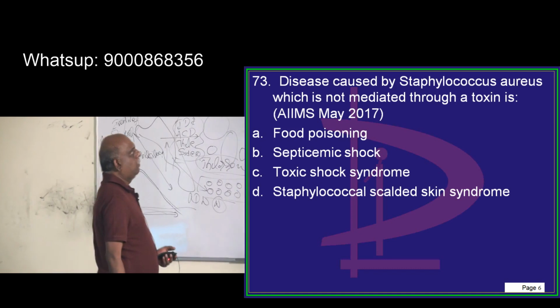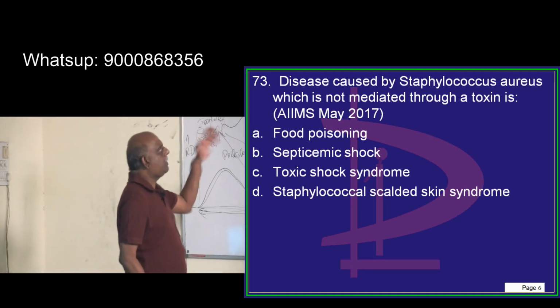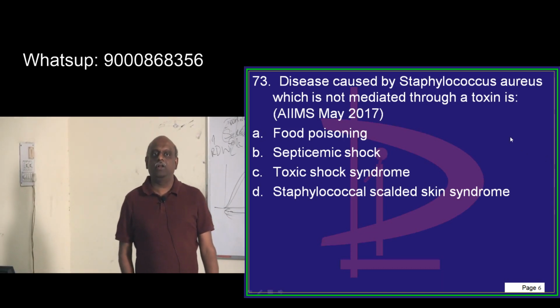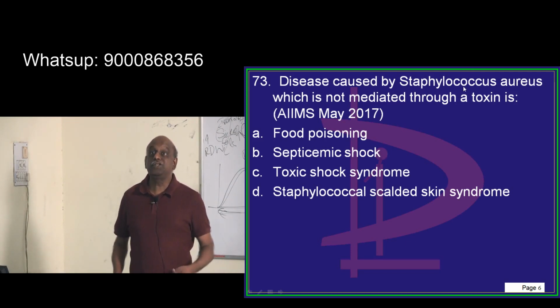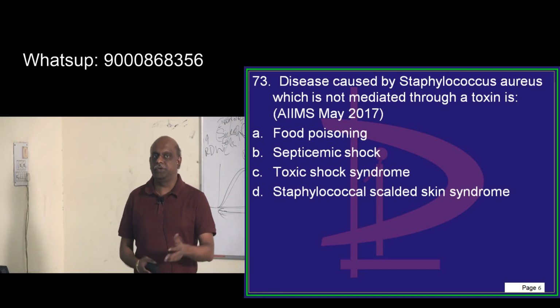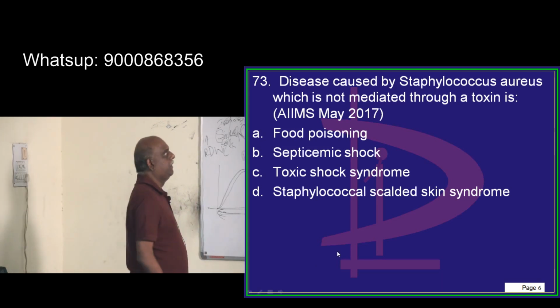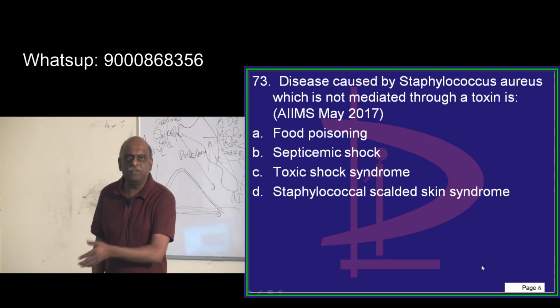Now, what is the disease caused by Staphylococcus aureus which is not toxin mediated? All of you know very well that gram negative organisms produce endotoxins, gram positive produce exotoxins. So now the question is, which is not toxin mediated? Food poisoning of Staphylococcus is within 6 hours.